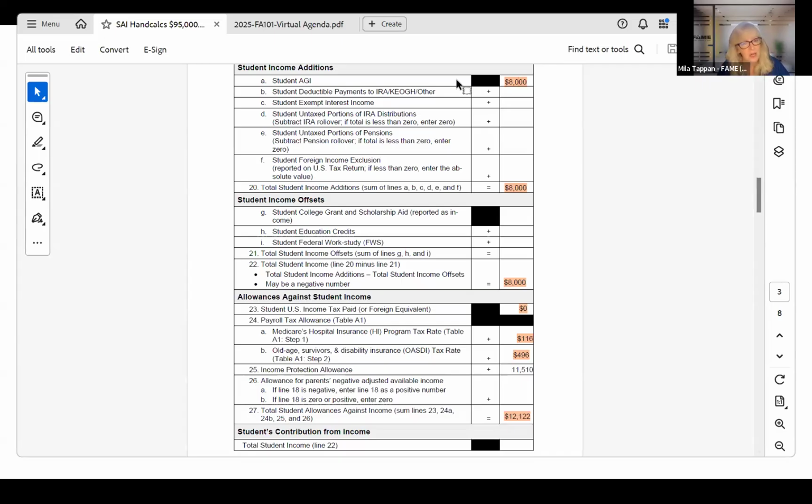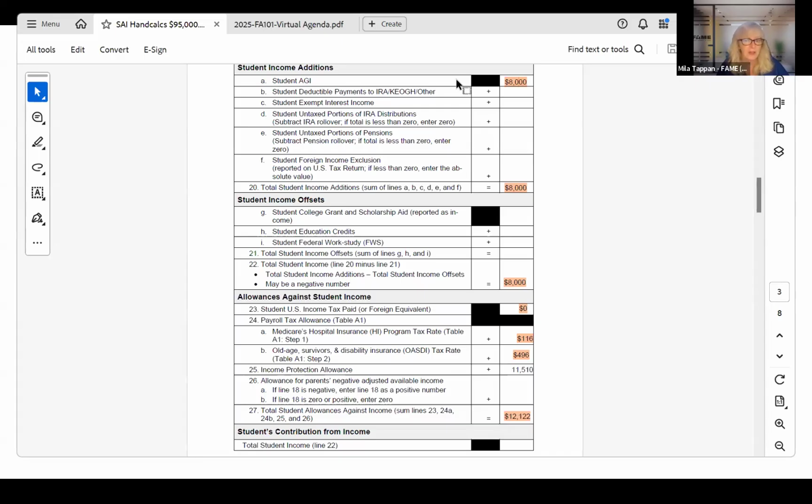So just like I mentioned a moment ago that untaxed income on the parent side, like a contribution to a retirement plan, does not factor into the formula anymore, students who have earnings but don't file taxes, that does not show up on the FAFSA anymore.